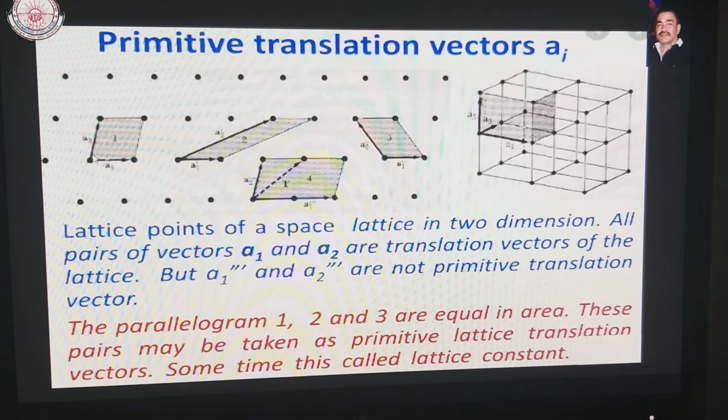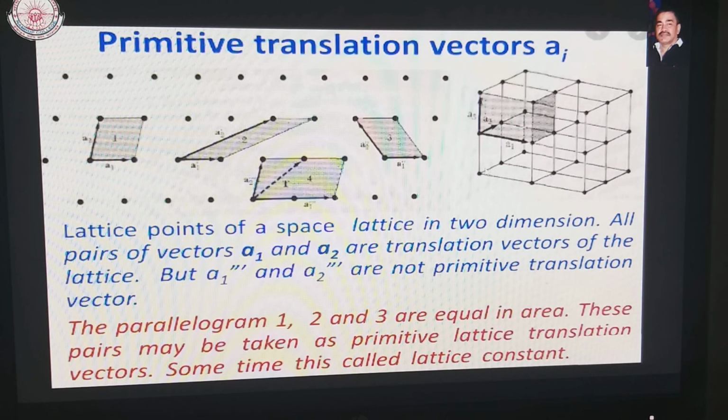All the areas are equal in case of figures 1, 2 and 3. So these pairs of translation vectors may be considered as primitive translation lattice vectors. Sometimes this is called lattice constant also, but this cannot be considered as a primitive translation vector because this area is bigger than any area out of 1, 2 and 3.